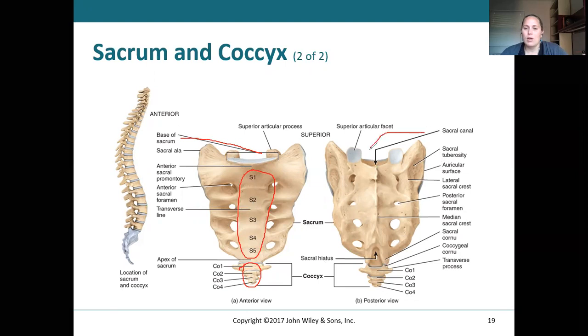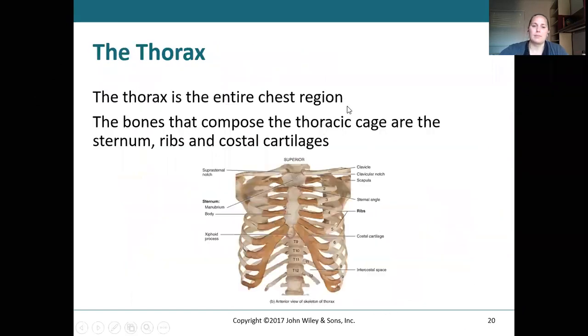Here's the sacral canal, where parts of the spinal cord are going to pass through. And again, in terms of all of these different surfaces, crests, foramens, I'm not going to be asking you about those. I just want you to focus on memorizing these main bones, some of the main structures of the bones. These are probably main structures of both the coccyx and the sacrum, but I do not think that is something that you would see on an exam from me. So hopefully that alleviates some anxiety.